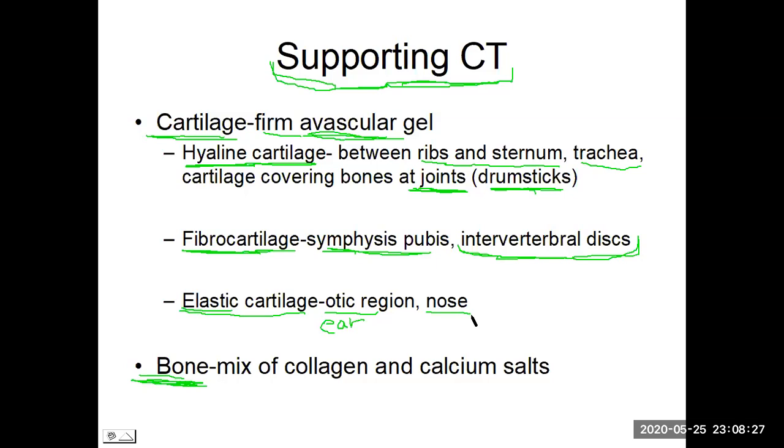So this avascular gel. However, now in the same category, bone has an extremely rich blood supply. Bone is highly vascular. And again, we'll get more about bone tissue in a later chapter. But the major contributing factors for bone tissue is, again, the same collagen fibers we were just describing, and the deposits of calcium, making the bones much, much more rigid.